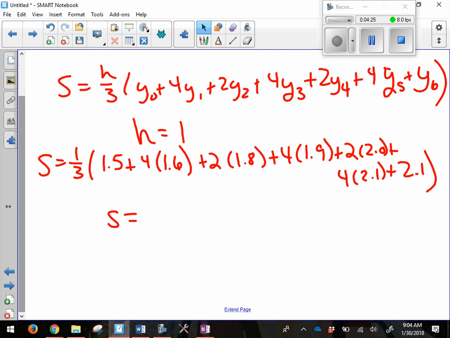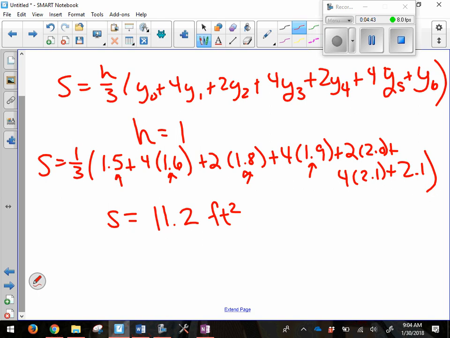All right, Maddie, what'd you get? And what do you think our units should be? Stupid though they are. Yeah, it should be feet squared. Each of these values had a unit of feet, and then that 1 for the h had a unit of feet too. So is she right?